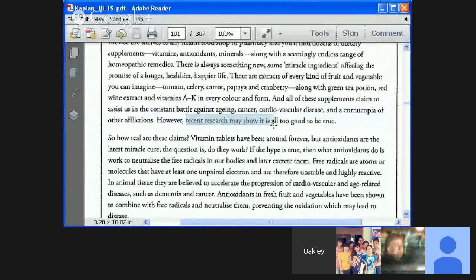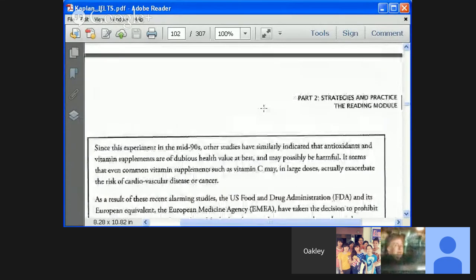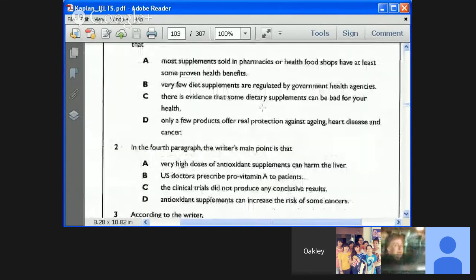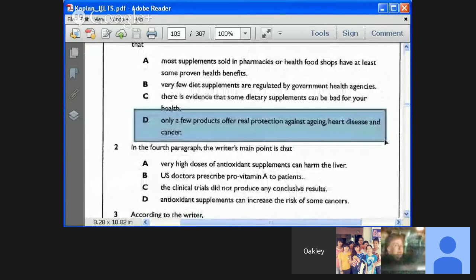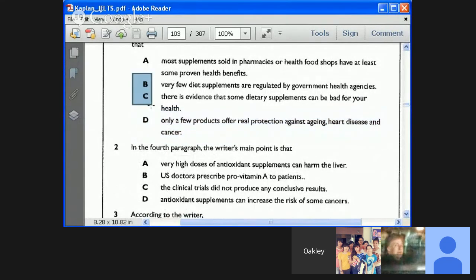Recent research may show it is all too good to be true. Well, there's an absolute. Oh, it's all too good to be true, but just a claim. So that is not a few. That's just a claim. Scratch, scratch, scratch. Great. I'm totally, absolutely sure now that A and B cannot be the right answer.